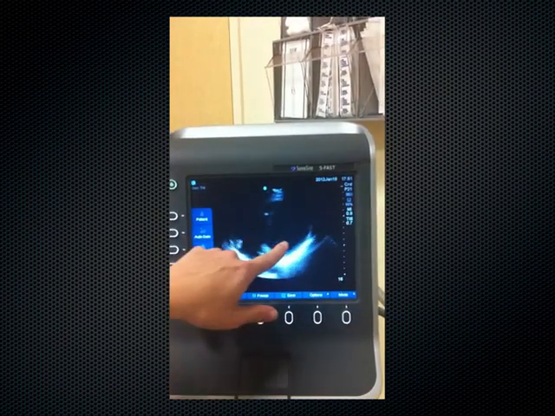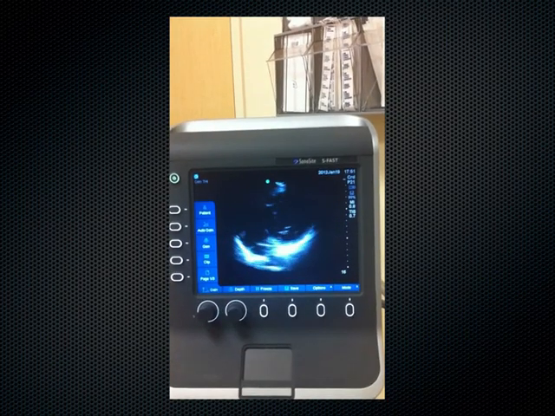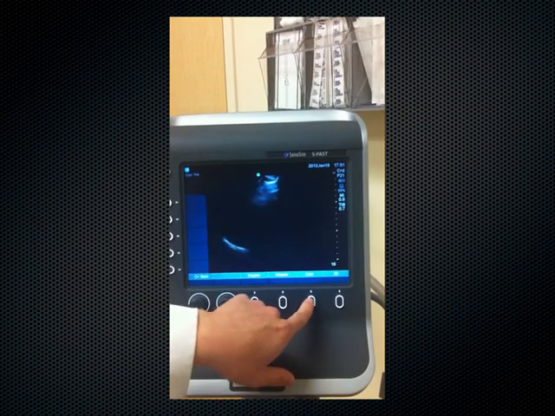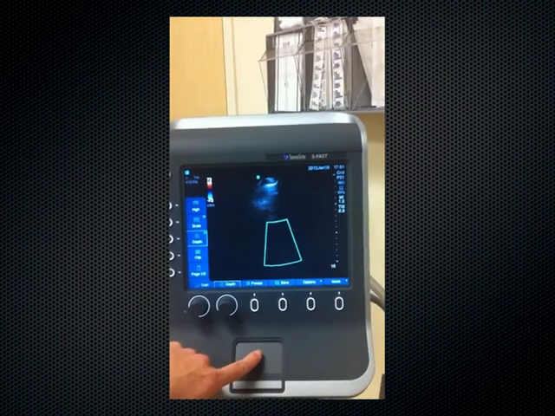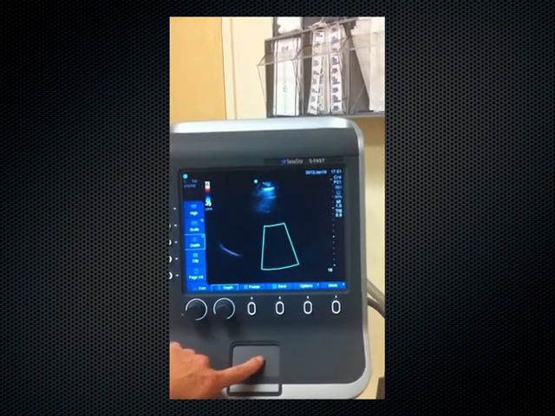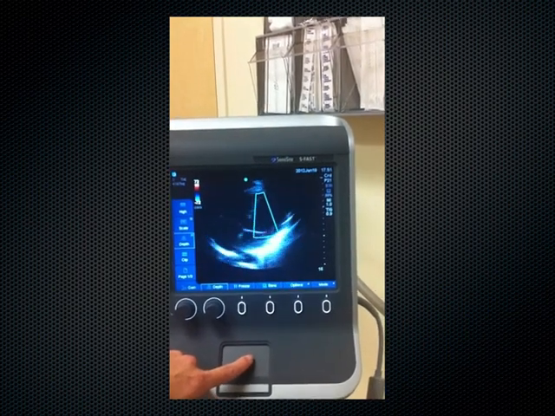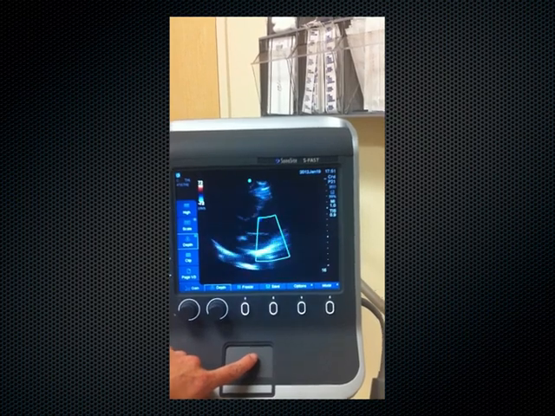We have the mitral valve and the tricuspid valve here. I'm going to switch this to color Doppler mode, and breathe out, Kevin. What we'll see is flow through the mitral valve.